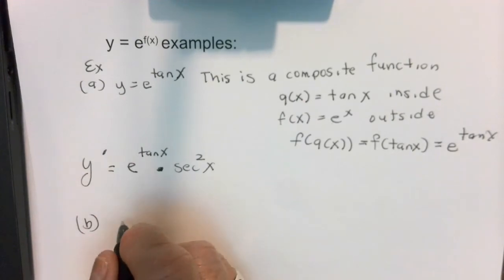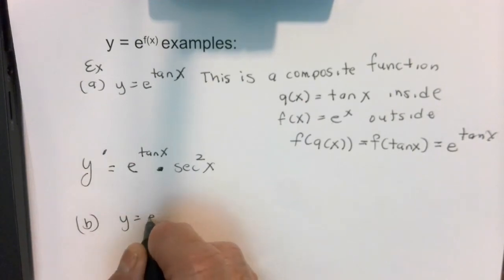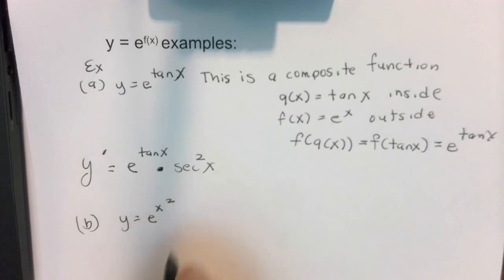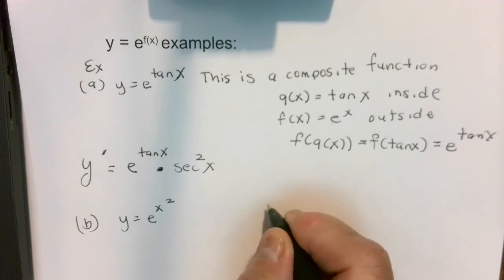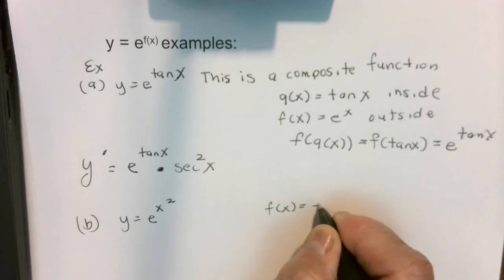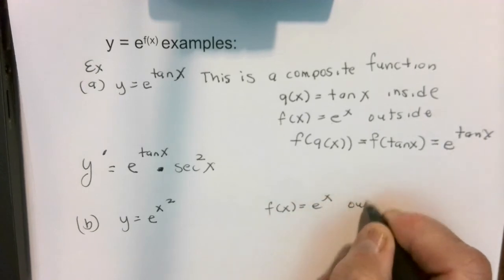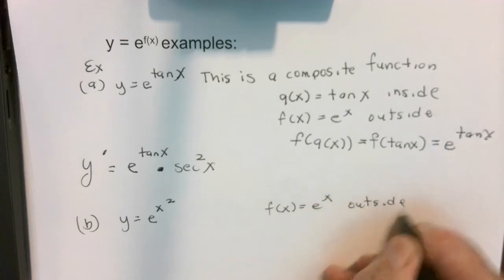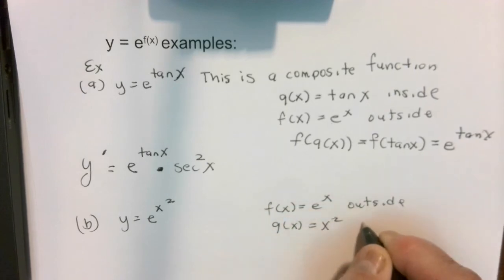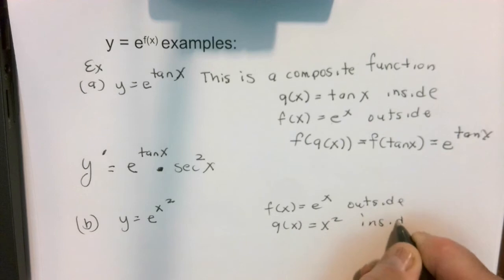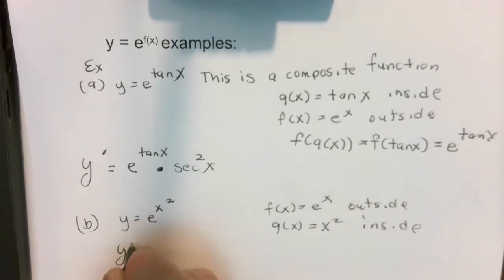Let's do another one. Y equals e raised to the x squared. Okay, so we've got f of x equals e to the x. That's the outside. We've got g of x equals x squared. That's the inside. So then y prime, we go e to the x squared, because the derivative of e to the x is just e to the x.